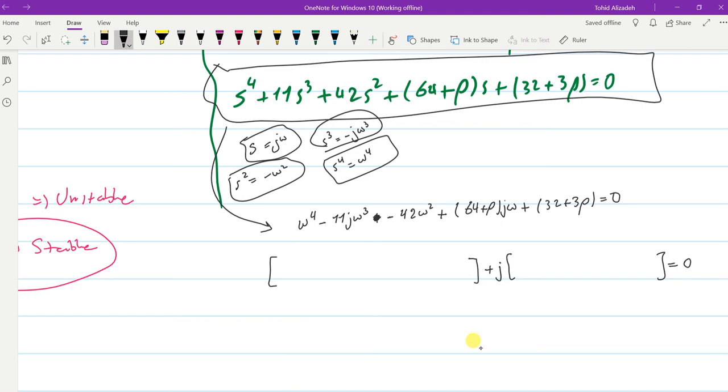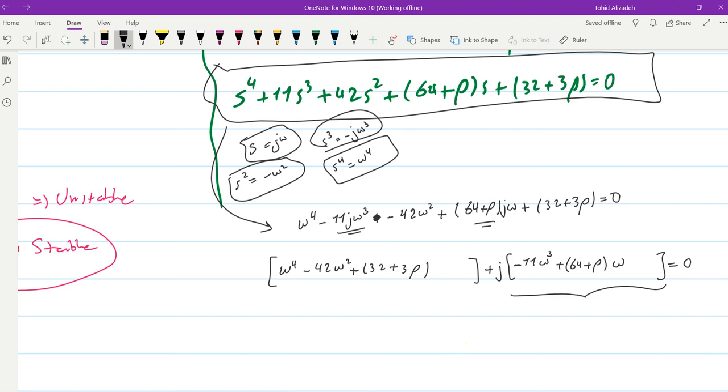So for the imaginary part, we will have minus 11 omega to the power of 3 from here, and also plus 64 plus rho times omega. For the real part, we will have omega to the power of 4 minus 42 omega squared plus 32 plus 3 rho.